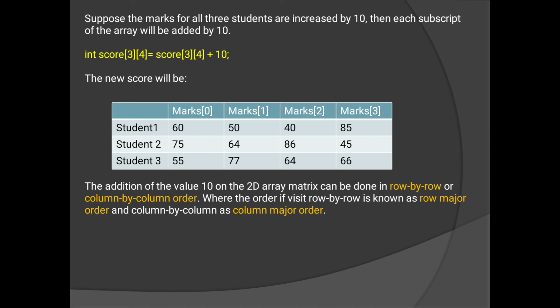That format, where the order of visit is row by row, is called row major order, and if it is done column by column, it is known as column major order. So we shall see what this row major order and column major order are.